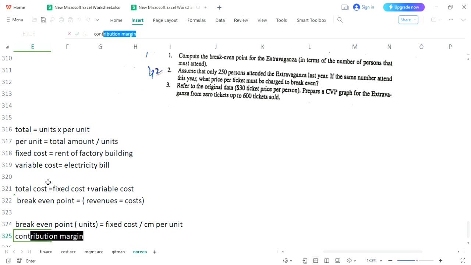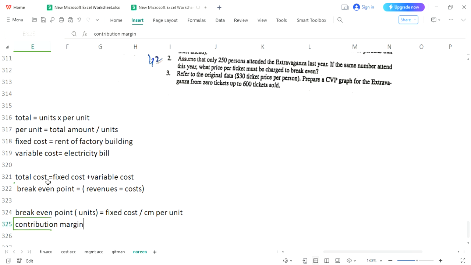If you want to calculate contribution margin per unit, you will take sales per unit and subtract your variable cost per unit.